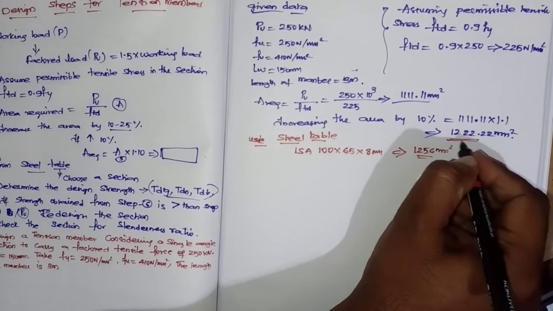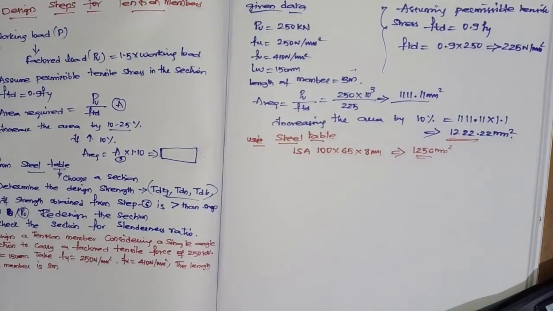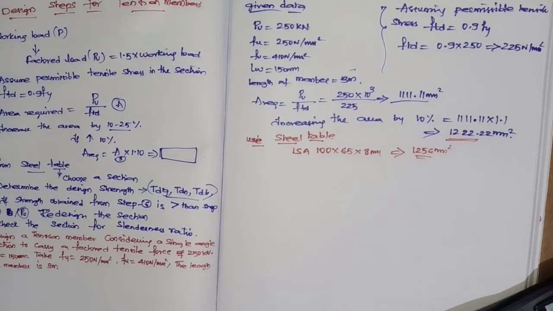Exactly this value you can't find, so you have to choose a section which is more than that value. Exact value you won't get in any section. So I have chosen a section of 100 by 65 by 8 mm, and I got 1256 mm square. Now you are ready with the section.